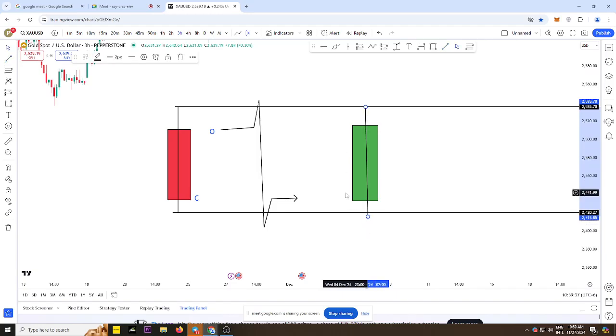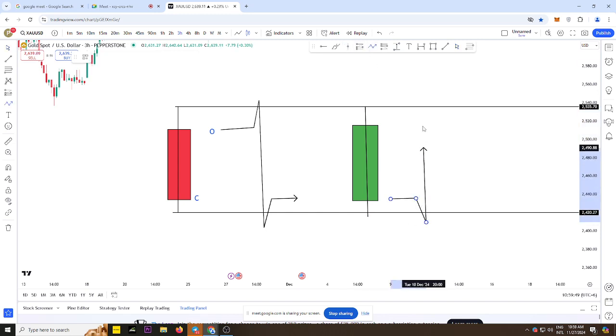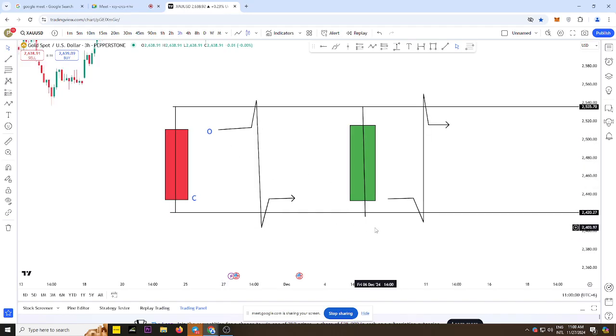The opening of the red candle started on the upper area, but the buy candle opening started from the bottom area, and then the market goes up, comes down, and the closing is here. One started from here, the one is totally opposite of the other.